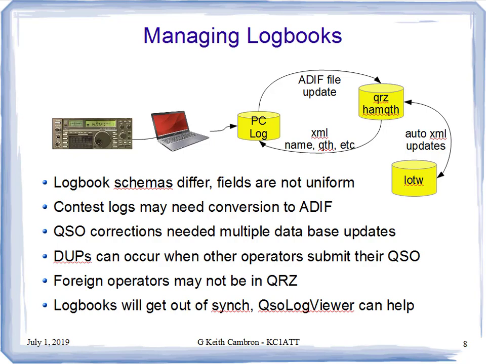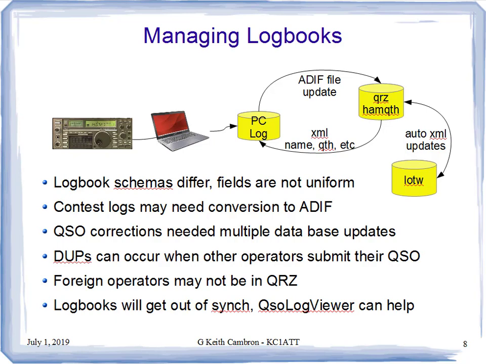It may be because your or their clock was wrong, or there's something wrong with the frequency, or some other aspect of the QSO. So you want to correct that, and when you correct it, now you've got to correct all the other logbooks and databases. Finally, foreign operators may not be in QRZ, so sometimes it's difficult to find all the information you need.